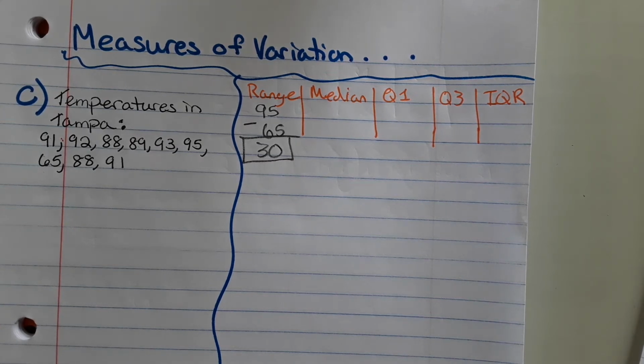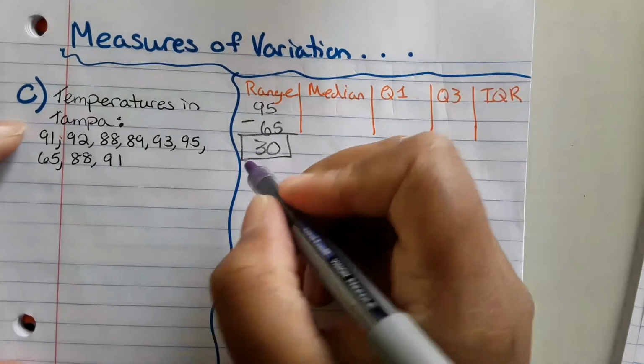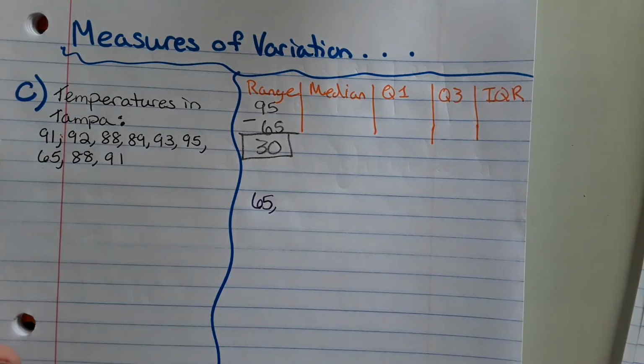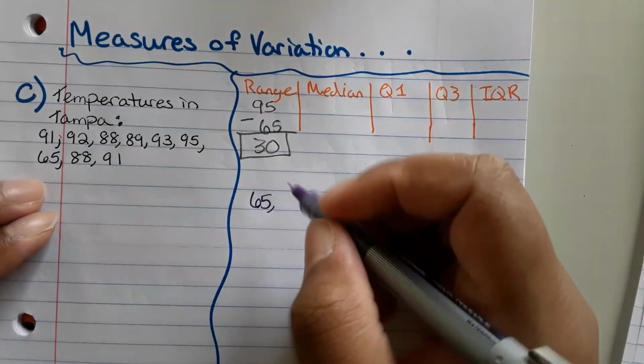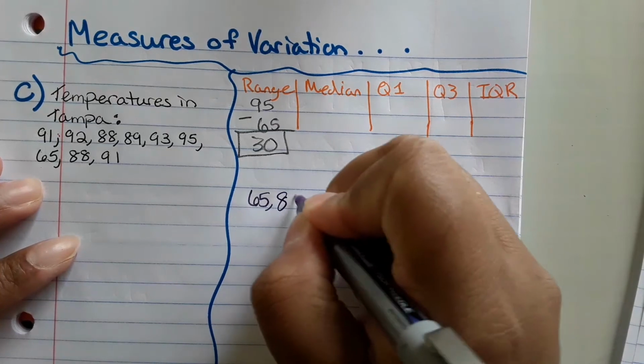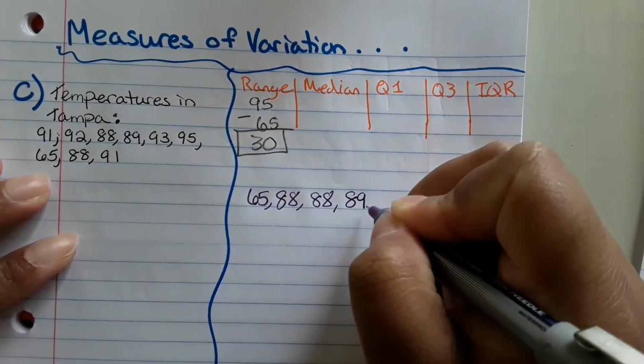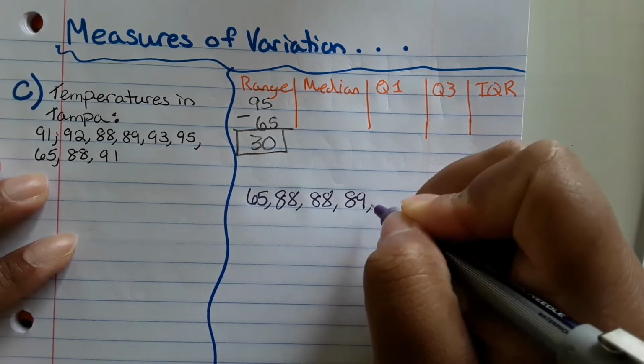Now to the median. Median, we know that means I have to order my numbers from least to greatest. So my smallest number is 65. My largest number was 95, so I'm finding all the ones in between. After 65, I have 88, 88 again, followed by 89. No need to go fast.